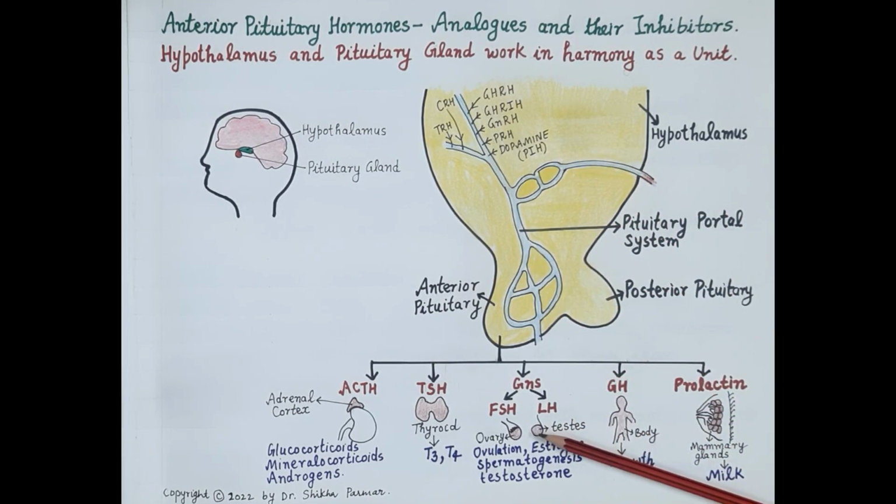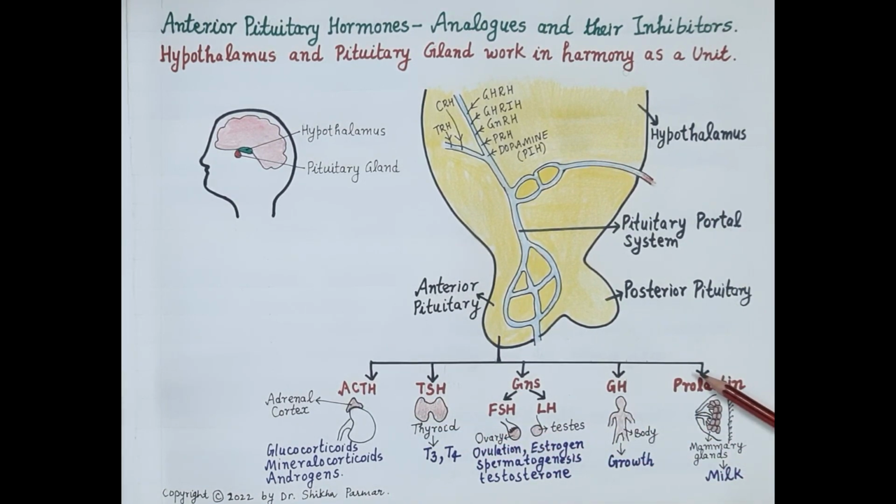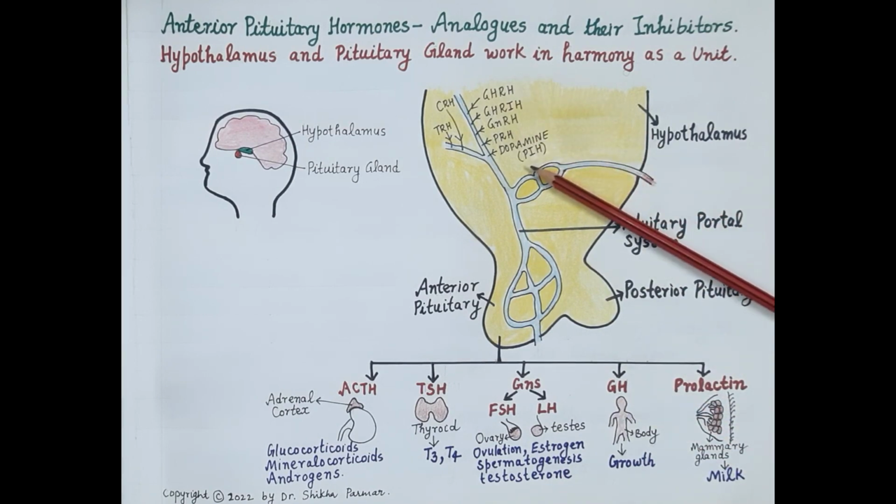So, this diagram beautifully explains the hormones that are released by the anterior pituitary and their control mediated by the hypothalamus. Now, let's study each of these hormones individually, their functions, analogues, inhibitors, and their uses or indications.